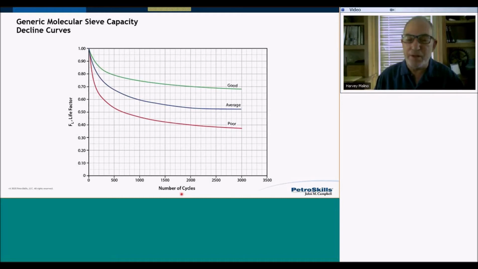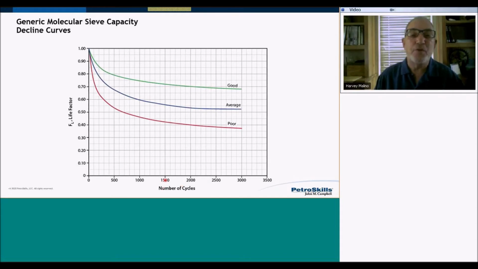This is not time over here, it's the number of cycles. And if you look at this, you can conclude that the longer your cycle time, the fewer the number of cycles you will go through in any one year. So having long cycle times means that you're going to have fewer cycles when your next plant turnaround is planned to be.